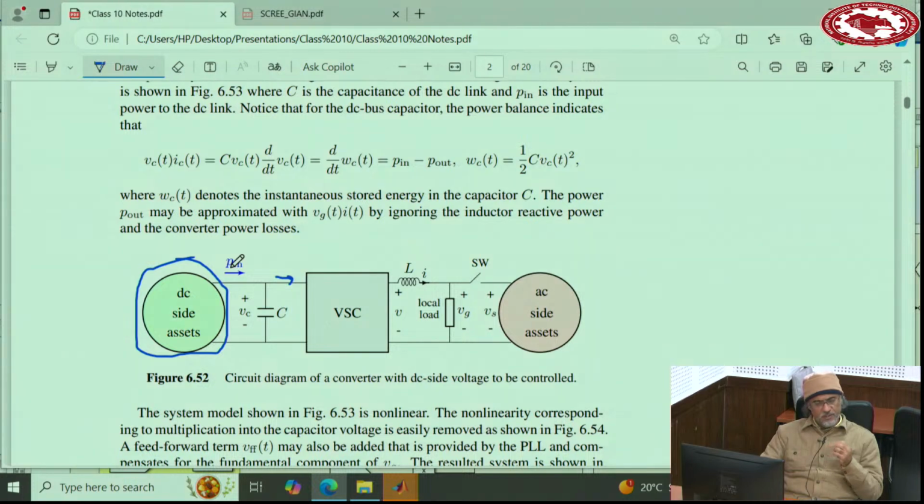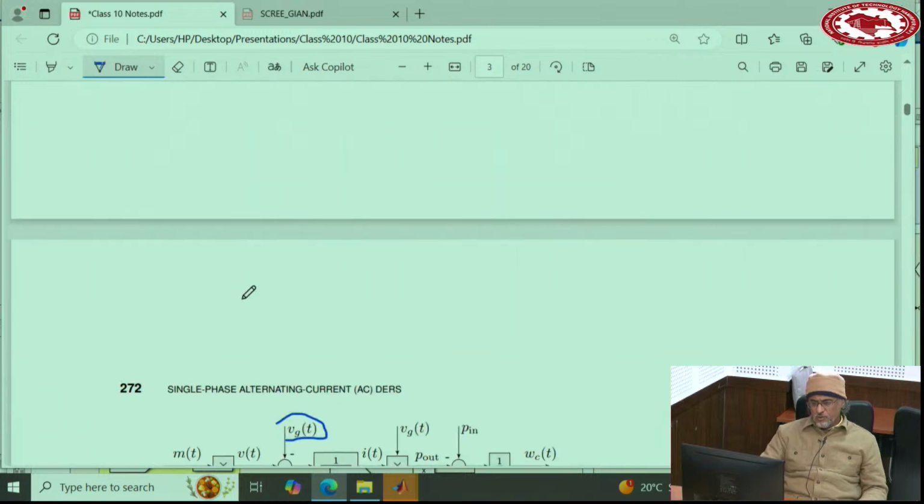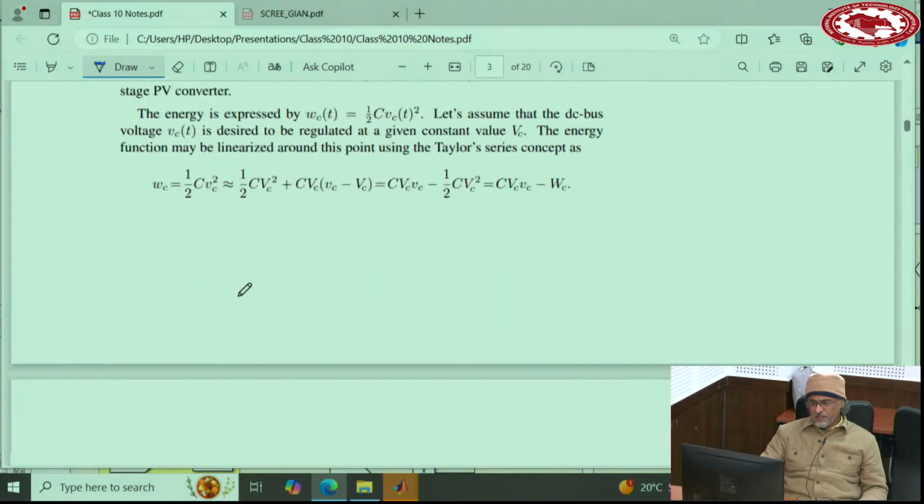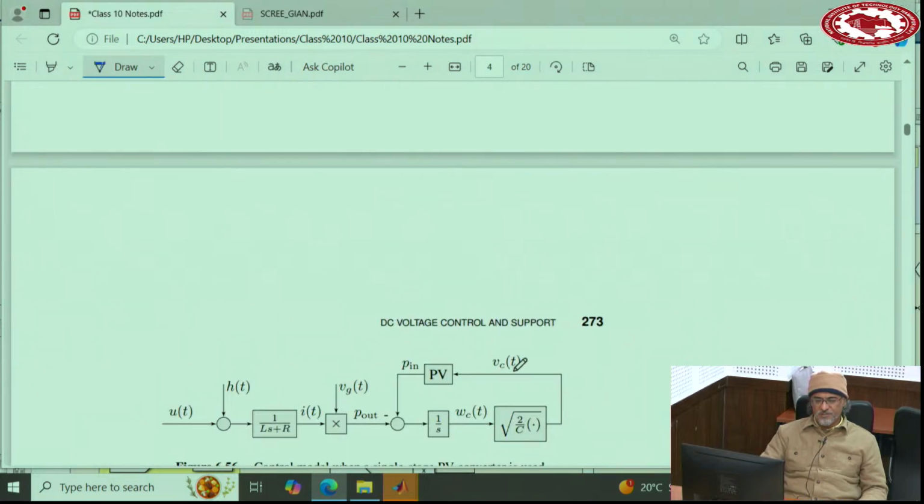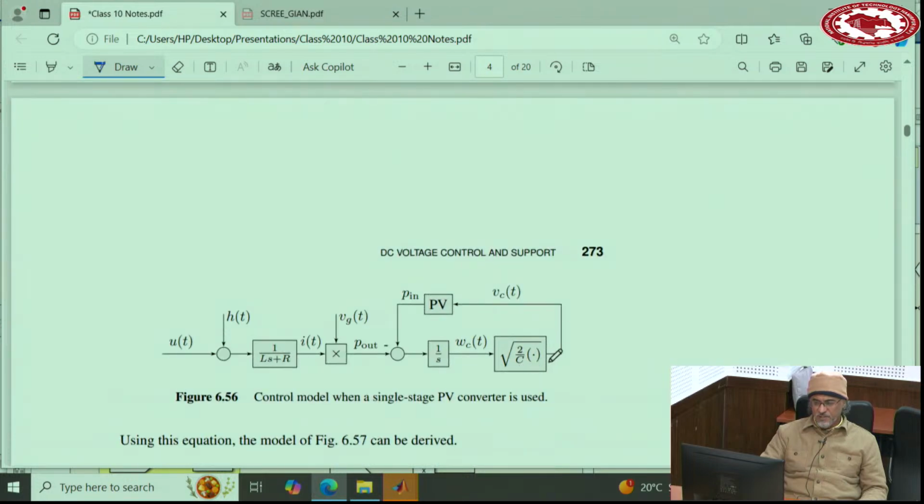It has a nonlinear relationship with the voltage, as you all know. So you can say it has this relationship. This is the case that you have solar panels. So the voltage goes through the PV characteristic, that nonlinear characteristic of the PV, and that gives you how much power.